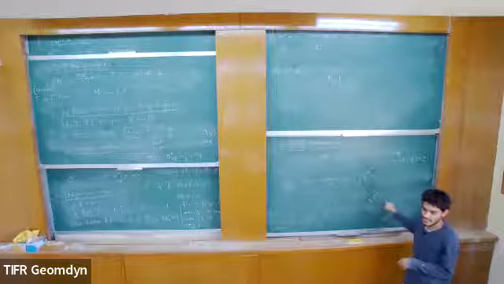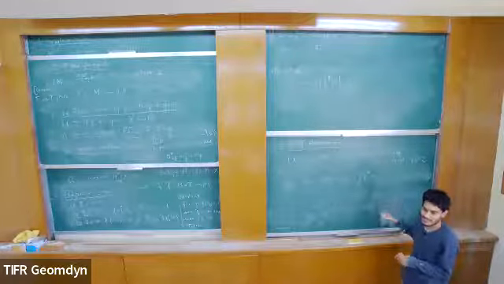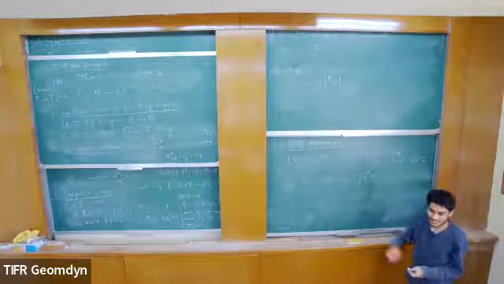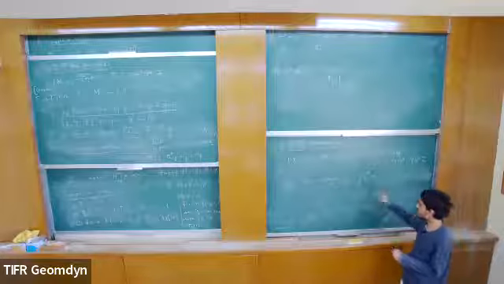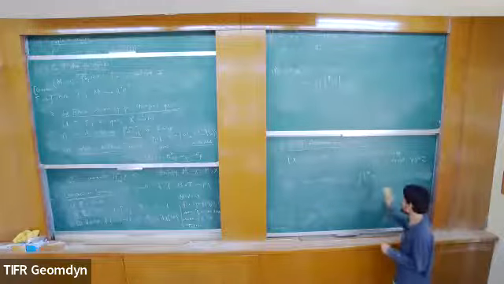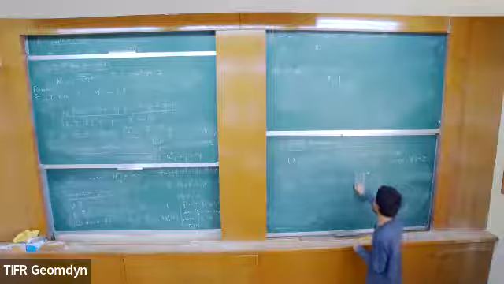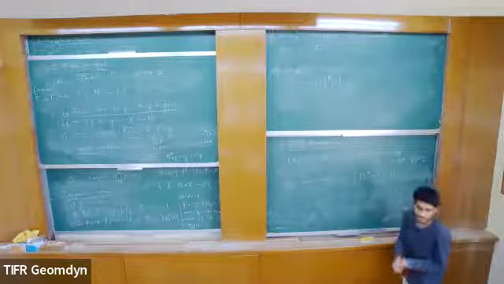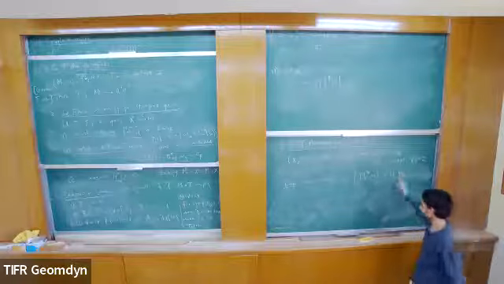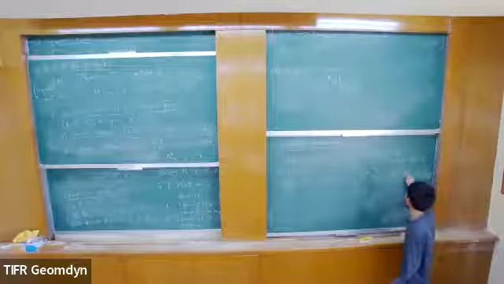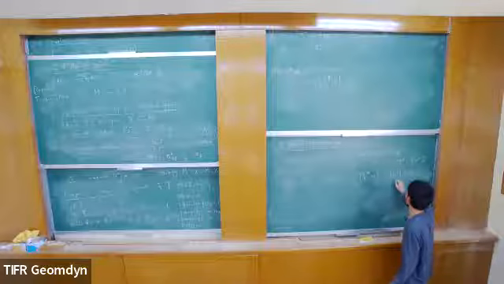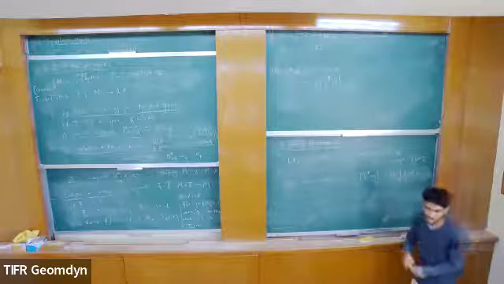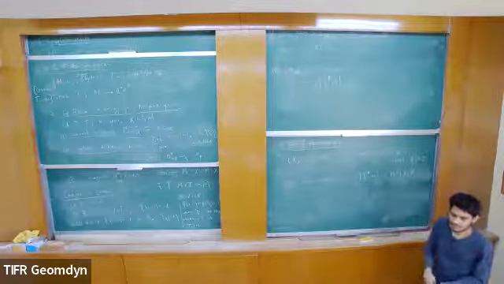So d omega on the stratum is 0. So this is closed as a controlled form, and I can take its cohomology. So I say that this belongs to H^2 of X, through all the isomorphisms.